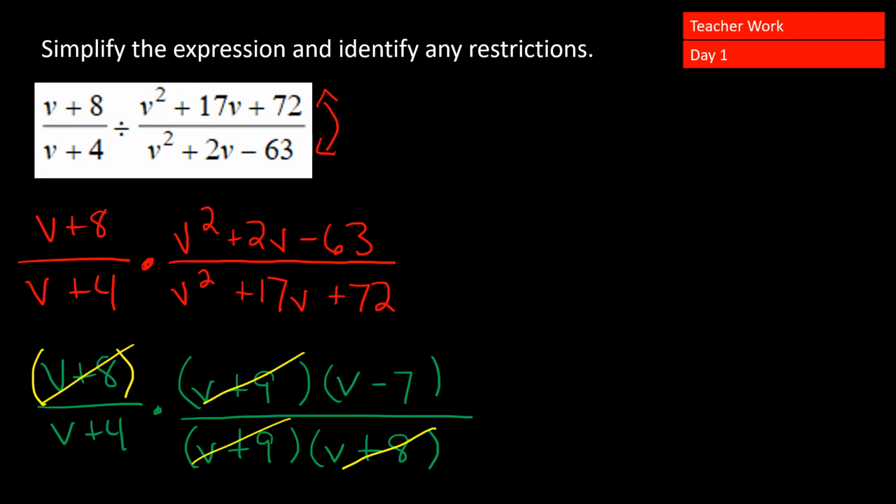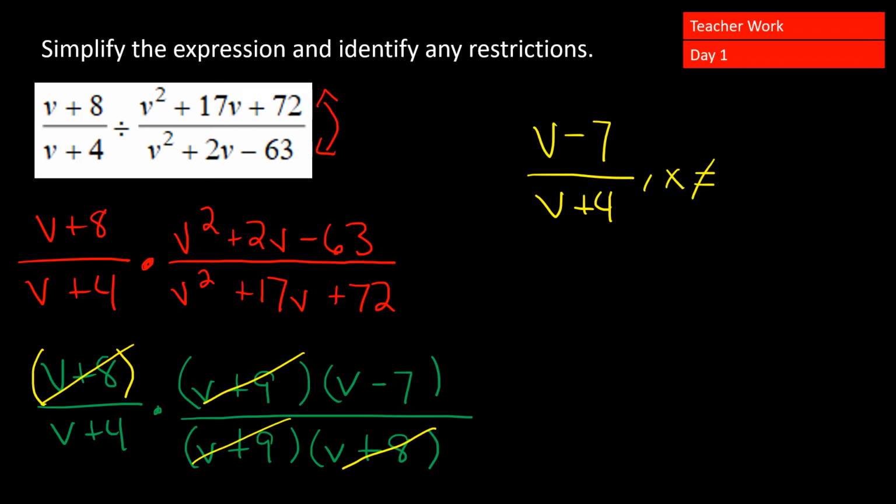Those two would also be removable because that would cause a hole. And so what we're left with, and our final answer for the simplification, would be v minus 7 over v plus 4. But now, v cannot equal certain values.